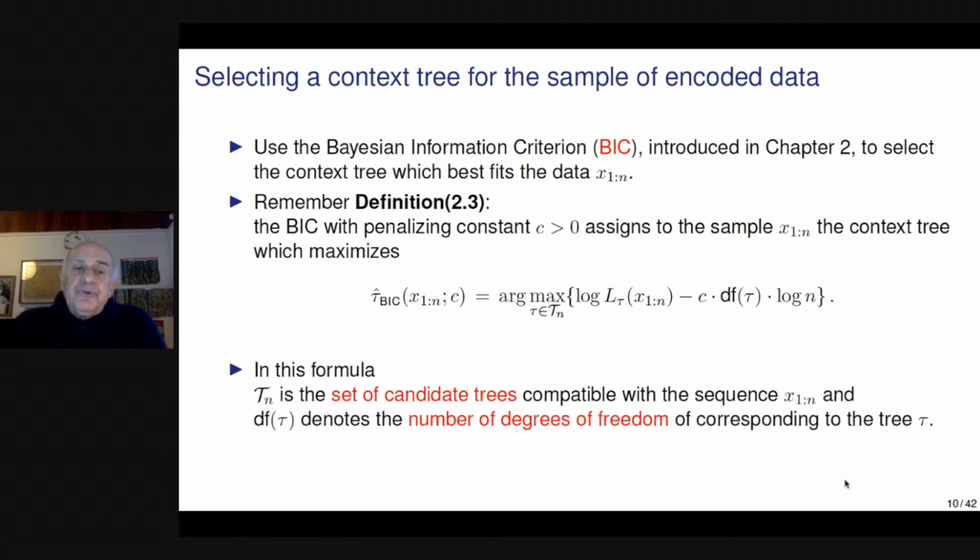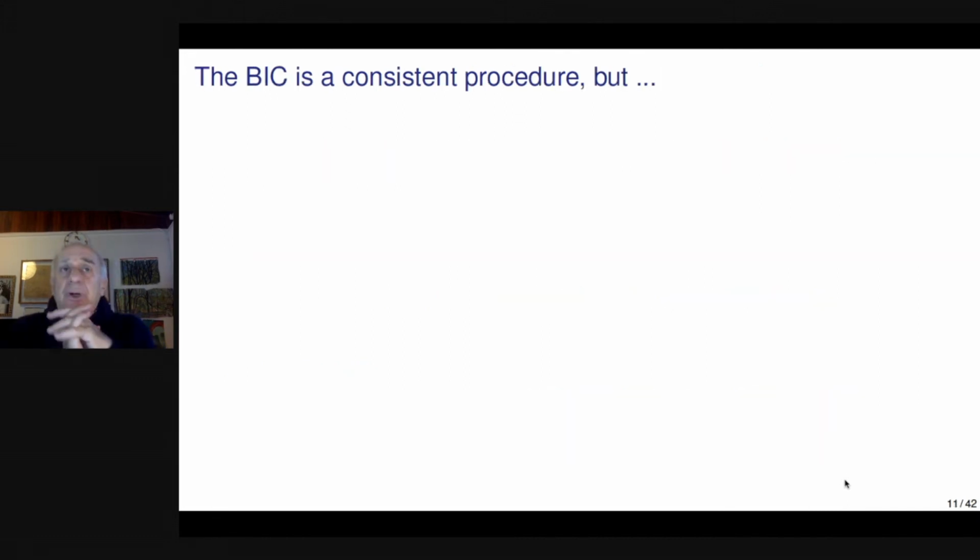I remind you, in this formula, Tn is the set of candidate trees compatible with the sequence, and df of tau is the number of degrees of freedom, the number of parameters associated to the tree tau. We know that the Bayesian information criterion is a consistent procedure, but there is a problem, and this is a central question we may want to discuss in this lesson.